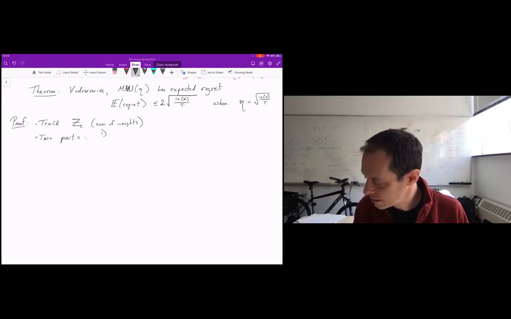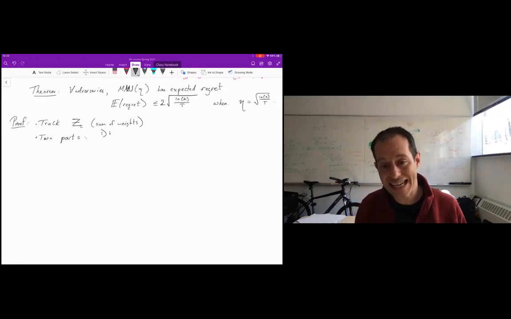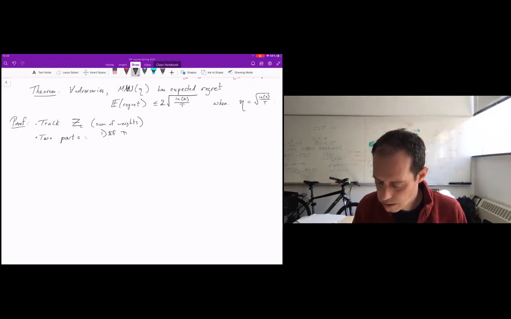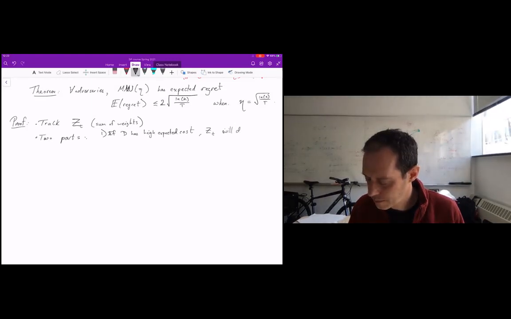The first is that whenever the algorithm has high expected cost, then Z_t will decrease in that time step. It'll decrease a lot.